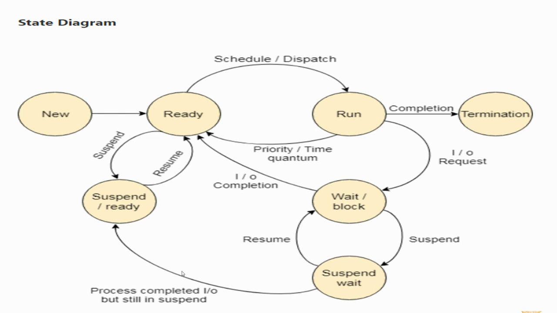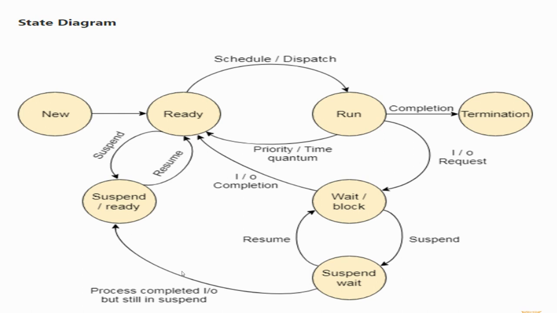As I have told you, if a particular process is running with the CPU and there is an incoming process which has higher priority than the existing process, that particular process will be thrown back to the ready state, where the incoming higher priority process will go and complete its task with the CPU. That may be one of the reasons.